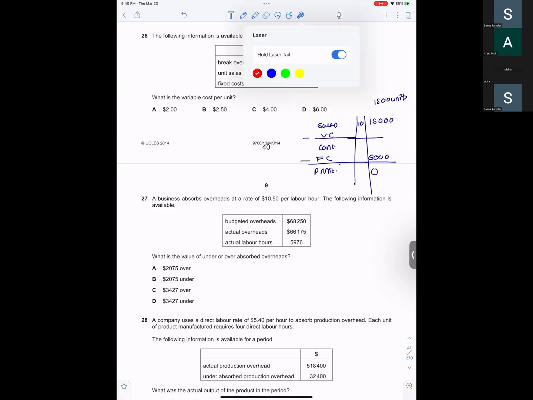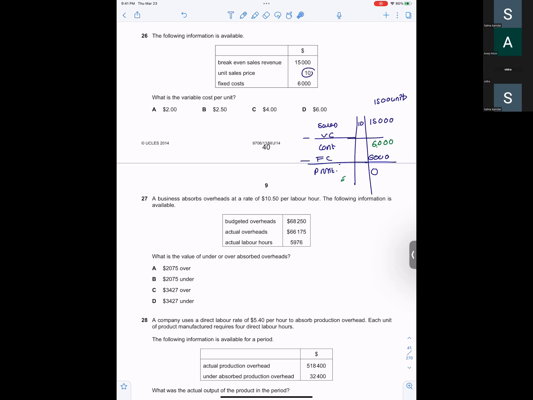Sales minus variable cost gives you contribution, minus fixed cost gives you profit. Are you with me? Fixed cost is 6,000. So contribution will become how much? At the break-even point, your fixed cost is equal to contribution. So 6,000.